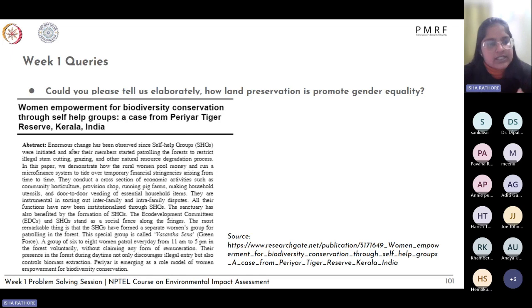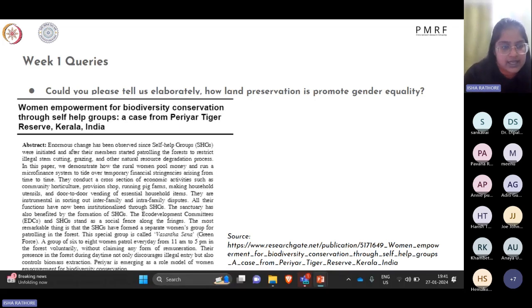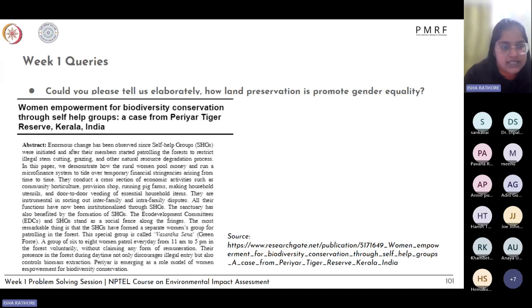They have become the self-help group which has taken control, and they are working towards land preservation in this area. Together as a group, they have a presence in the forest during daytime, and they discourage illegal entry and control the biomass extraction which is happening.